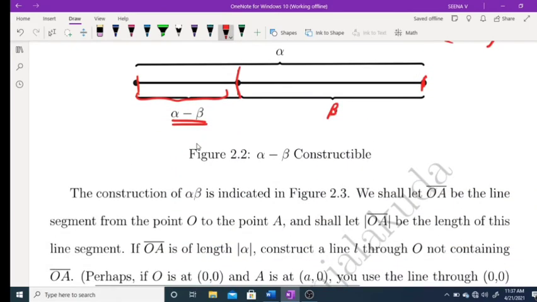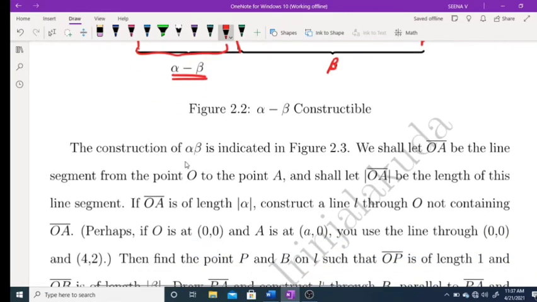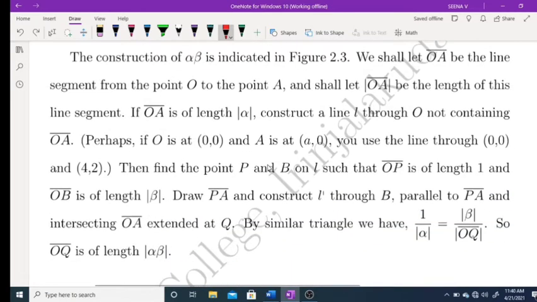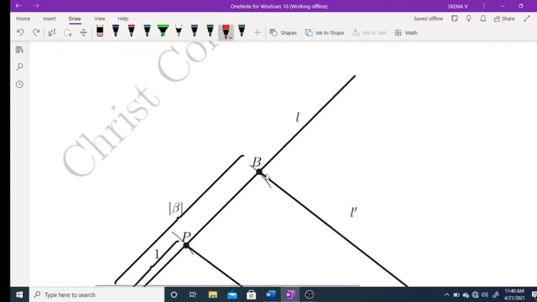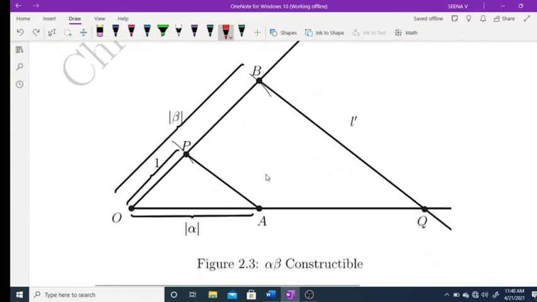Now next is how we can construct alpha beta, the product. For this, we already know the line segments of length alpha and beta.